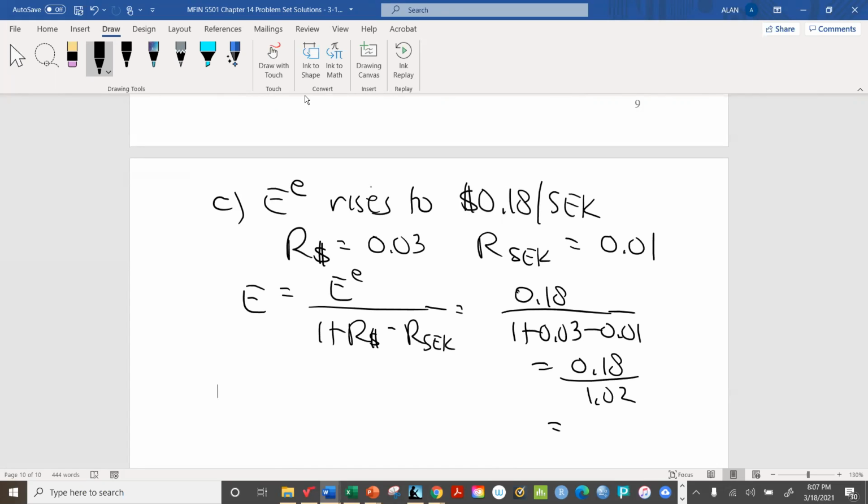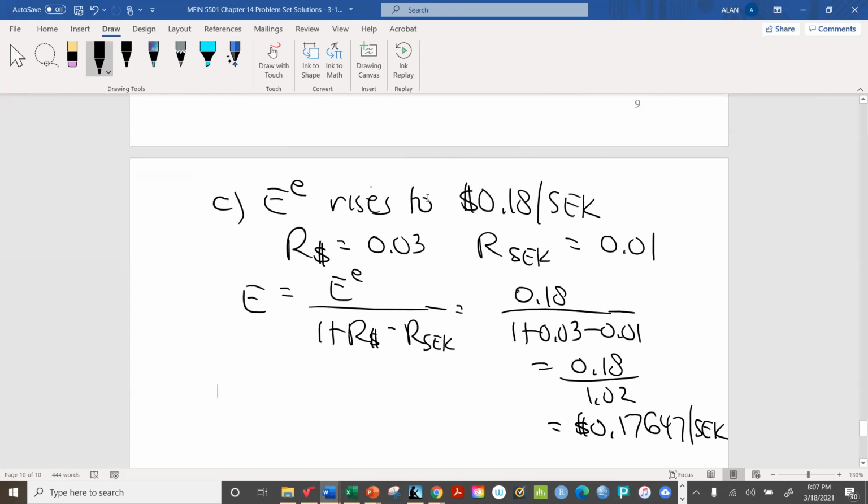let's see. Oh, it's now 0.17647 dollars per krona.